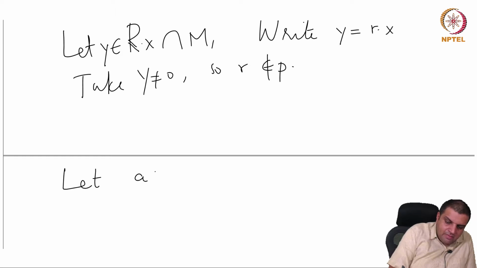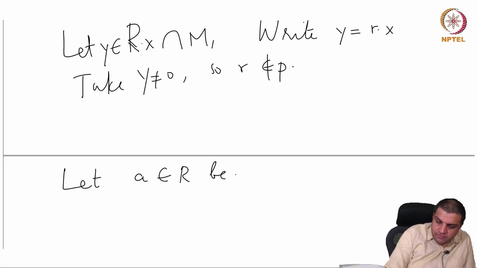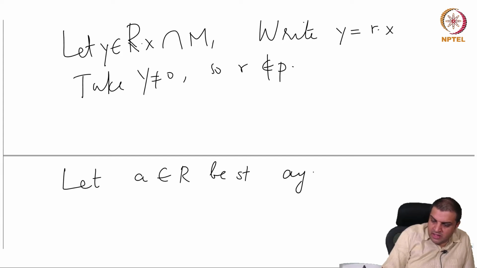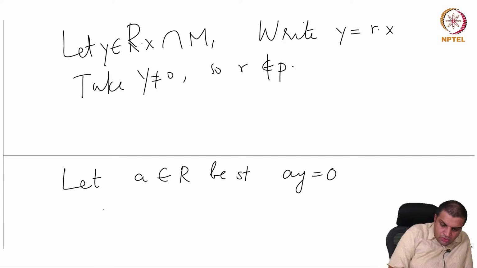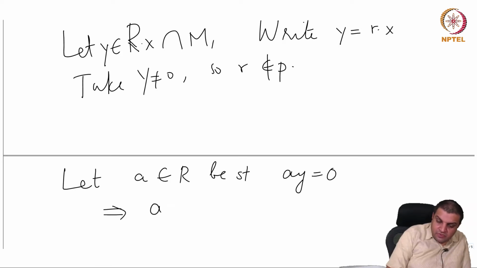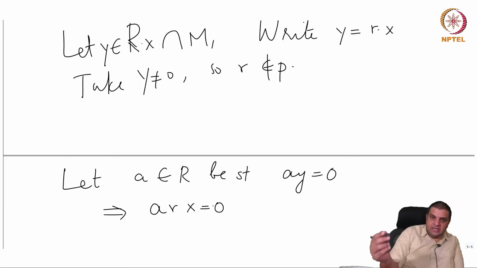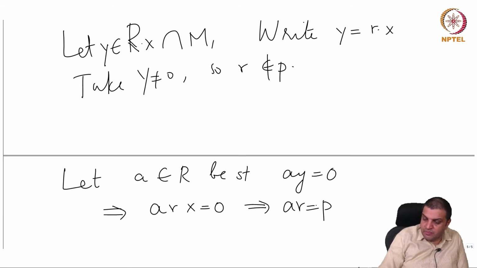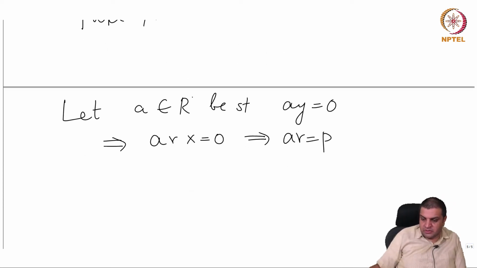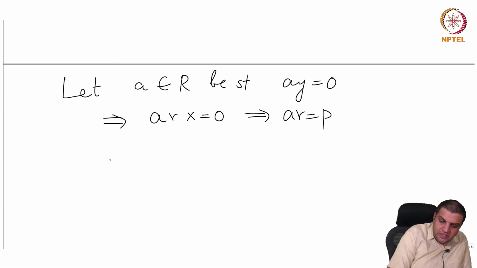Let a in R be such that ay is 0. So we are looking for the annihilator of y. So this now implies that arx is 0. This is happening inside M2. This implies that ar is in P, because that's the annihilator of x. But r is not in P, therefore a is in P.